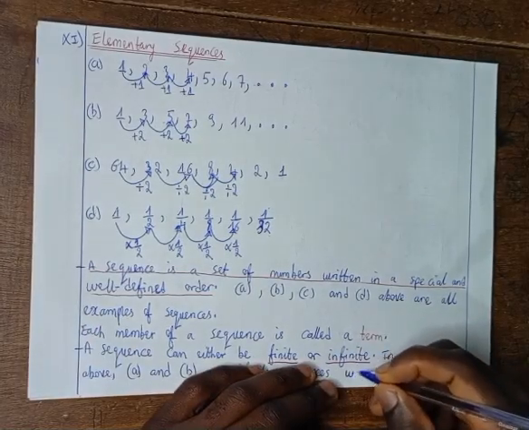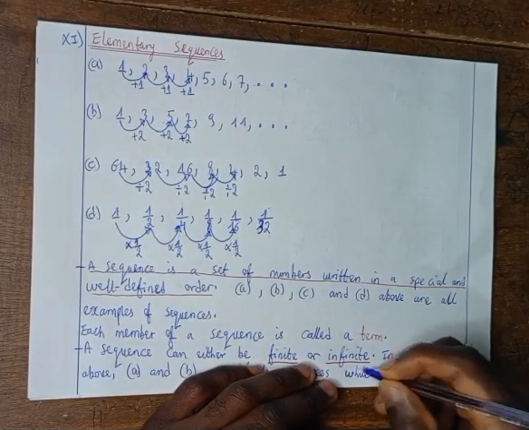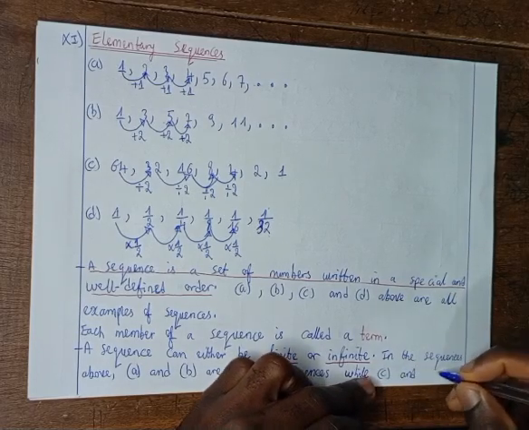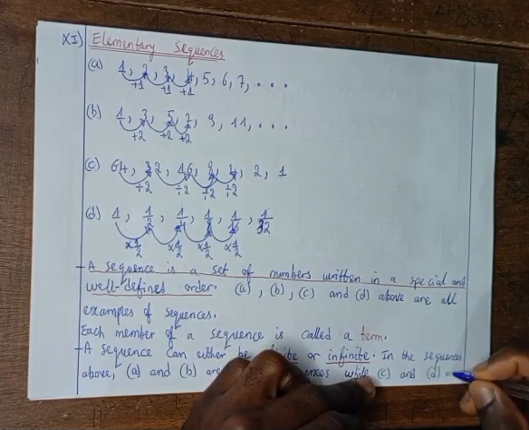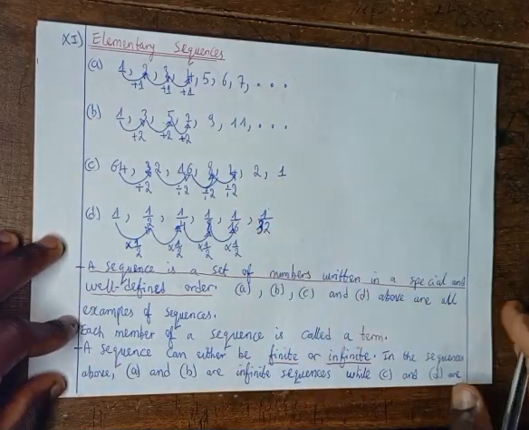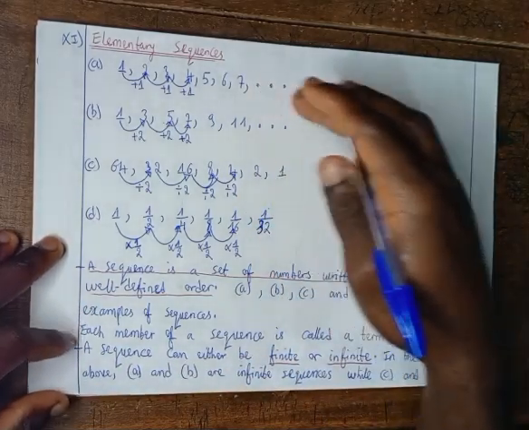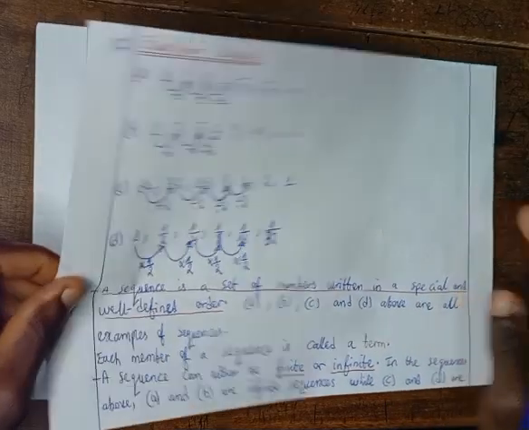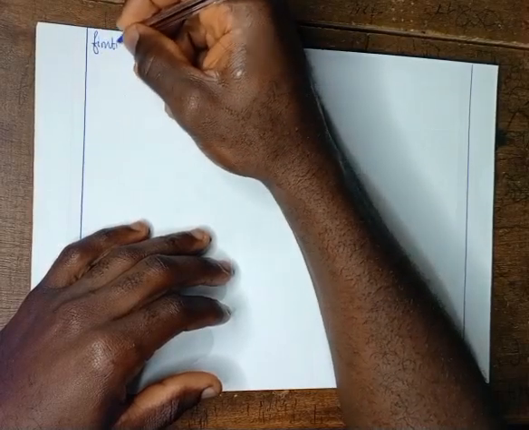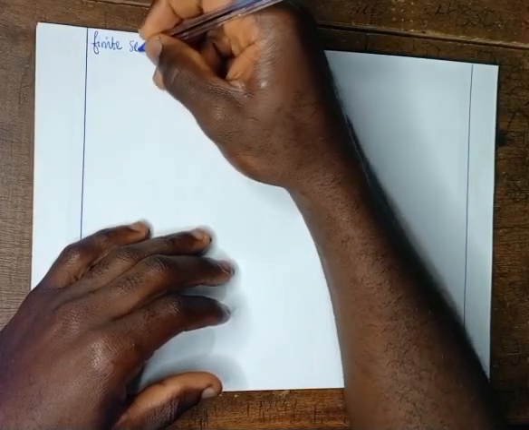Why? C and D are, you can see these ones here, they have a last term, while these ones they don't have a last term. So C and D are finite sequences.